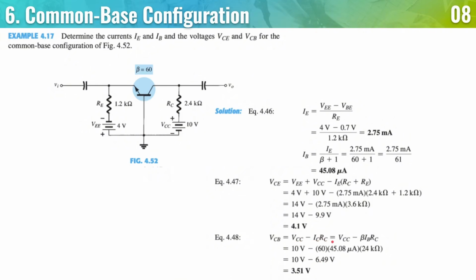So it is also equal to beta IBRC. Since we don't have the IC yet because it's not solved here, you can solve it first. So beta IB is going to be 45.08 times the beta, which is 60. So it's up to you if you want to separate the explanation for it or just put it straight into here. But in the end, that's how you get 3.51 volts.